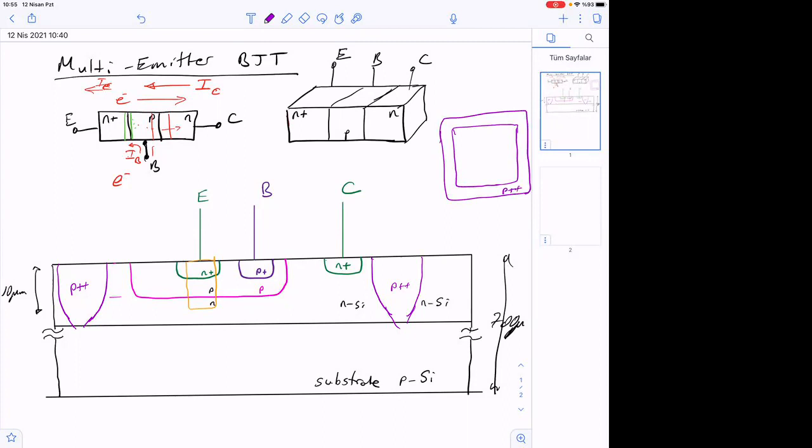So now we are looking at the silicon from top view, okay? This one is creating an island so that you can put maybe another BJT here. BJT1 and BJT2.